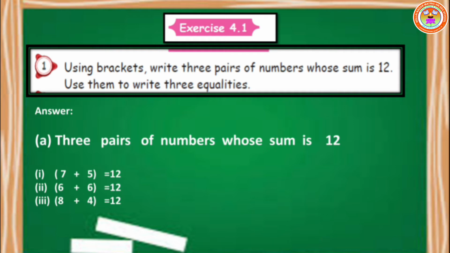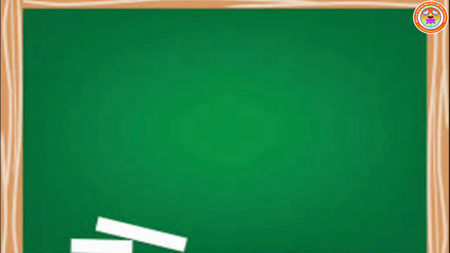See here, there are different numbers, right? But it produces the same result. So we can say these expressions are equality expressions. Is it clear? 3 equalities.